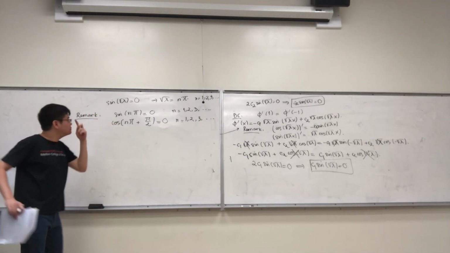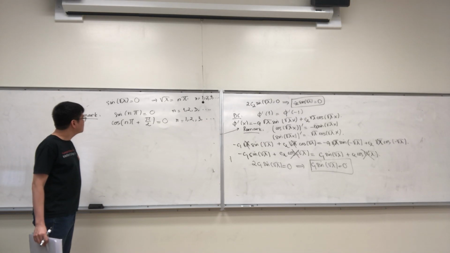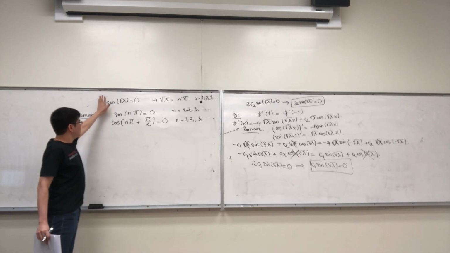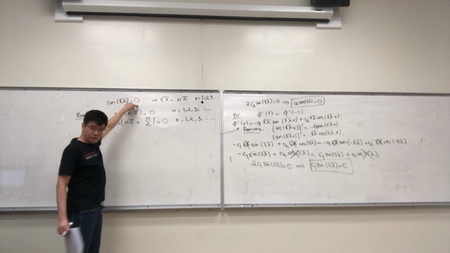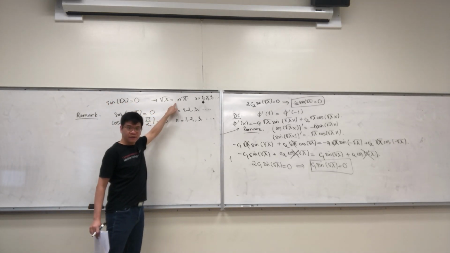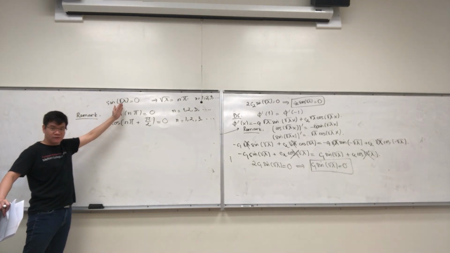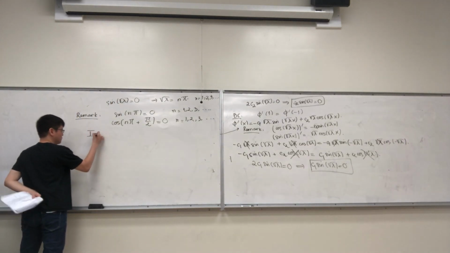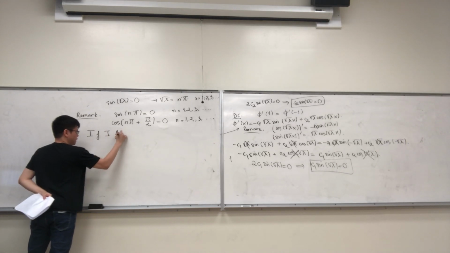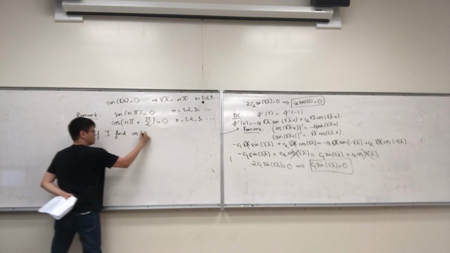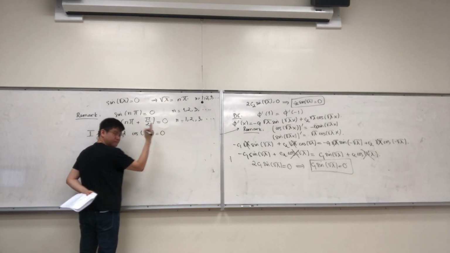Yes? Is the square root of lambda always equal to n pi or only in this problem? So if here I find sinus square root of lambda is 0, so it has to be n pi. So if I find cosinus of square root of lambda is 0, right?